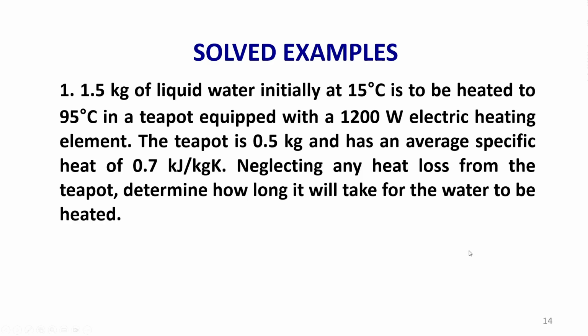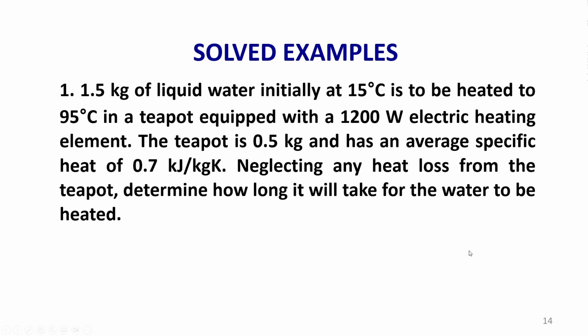The first one is: 1.2 kg of liquid water initially at 15 degrees centigrade is to be heated to 95 degrees centigrade in a teapot equipped with an electric heating element. The initial temperature is given, final temperature is given.